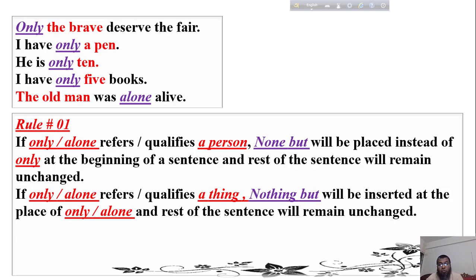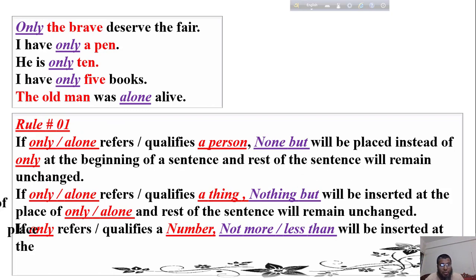The place of only or alone. অর্থাৎ যে জায়গাটায় only বা alone থাকবে সেই জায়গায় আমরা nothing but লিখব। কখন? যখন only দ্বারা কোনো বস্তুকে বোঝাবে তখন। আরো সহজ করে আমরা বলতে পারি, যখন only কোনো বস্তুবাচক শব্দের আগে বসে থাকে, তাহলে ওই onlyর জায়গাটায় আমরা nothing but লিখব। এছাড়া অবশিষ্ট সেন্টেন্সের আর কোনো পরিবর্তন হবে না। কি বোঝা গেছে সবাই? ফাইন। আমি আবার বলছি, if only or alone refers to or qualifies a thing, nothing but will be inserted at the place of only or alone, and the rest of the sentence will remain unchanged. Okay, fine.